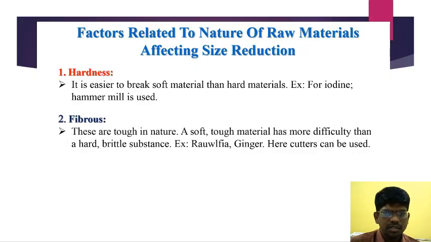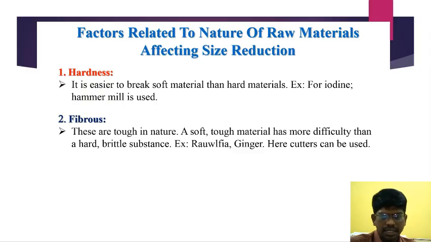And fibrous: if the material is fibrous in nature, it will be a bit difficult to process for size reduction. At that time, we need to make use of cutters rather than mills. Examples are ginger and Rauwolfia.